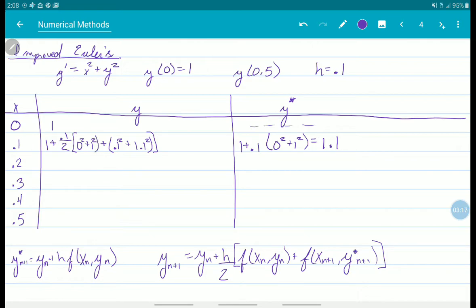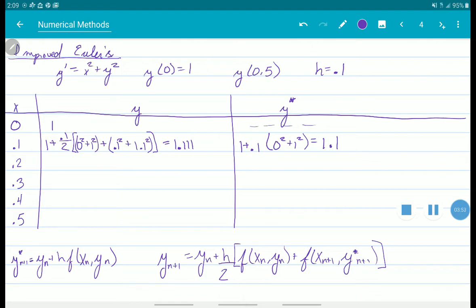Those parentheses are unnecessary, but it helps to keep the grouping so you can visually see what's going on. So I got 1.111.